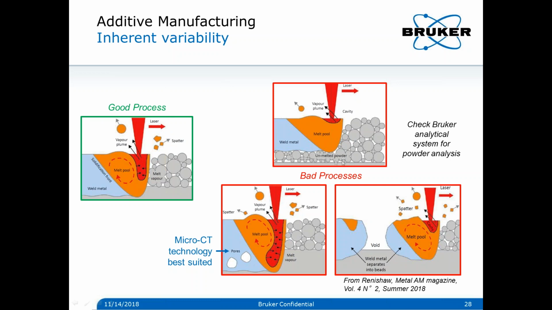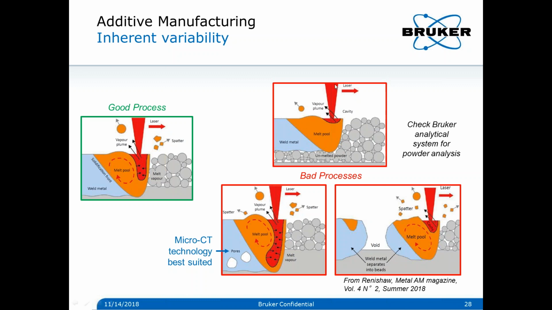First of all, there is a lot of variability due to the powder size, due to the powder chemistry as well, like oxygen, hydrogen content or sulfur. All that can be analyzed with different Bruker divisions with analytical and chemical systems.